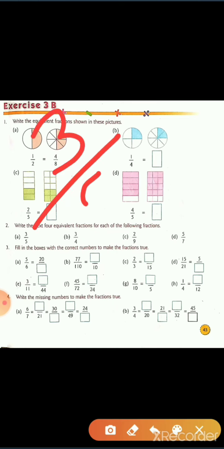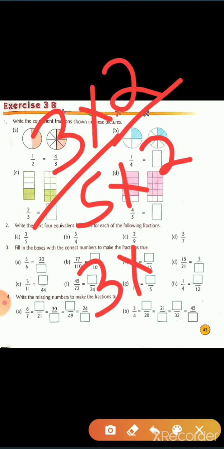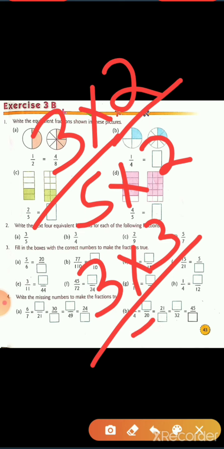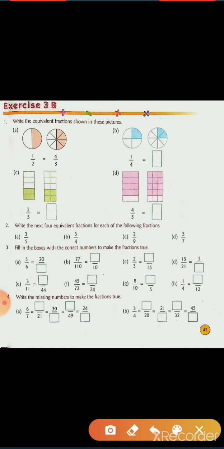3/5 into 2. This is an equivalent fraction. Multiply by 3 in the numerator as well as in the denominator. Similarly, multiply by 4 and 5 and find out the next 4 equivalent fractions for each of the following fractions.